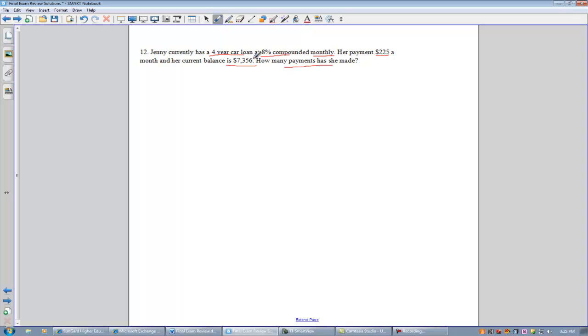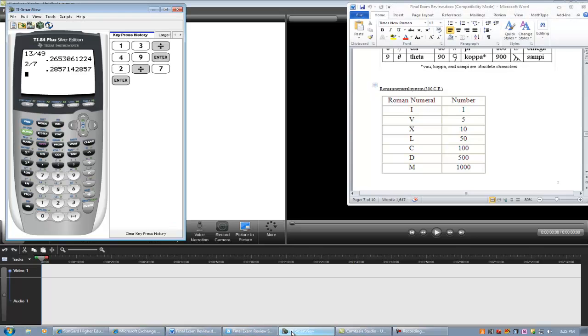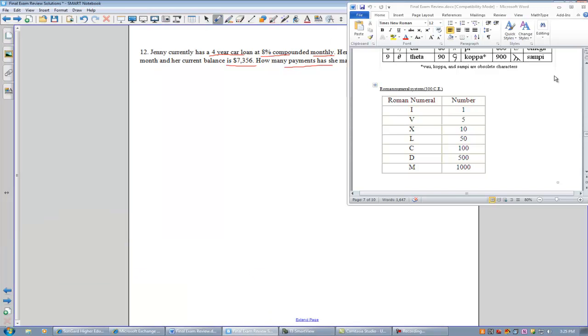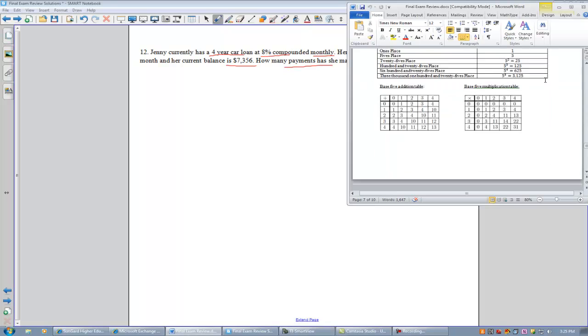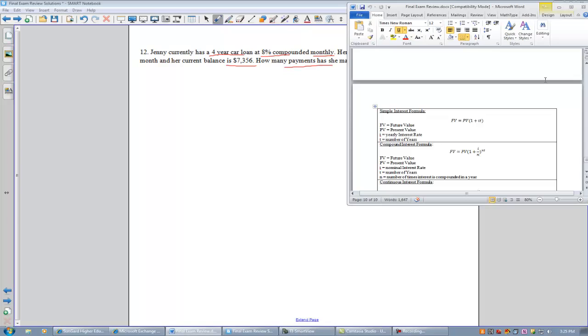All right, so there's a lot of information here, and to do this one, we need to pull up our formula sheet. So over here, let's go down, and here's our formula sheet. You have to decide which formula you're going to use.